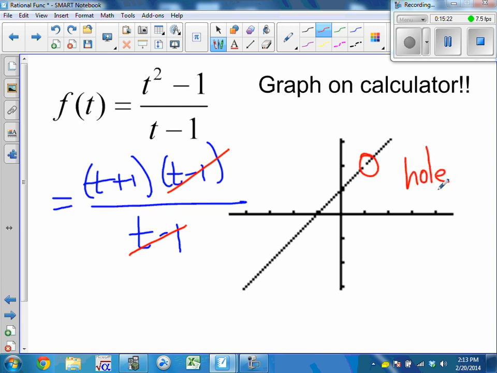So you have no vertical asymptote. This basically looks like the graph t plus 1, slope of 1, y-intercept of 1, and we say t cannot be 1 because we've canceled it out. So you always want to look at whether you can cancel these out, because there may be a hole in the graph.